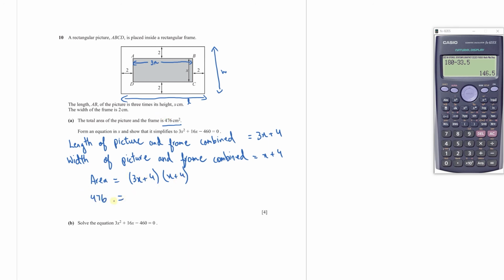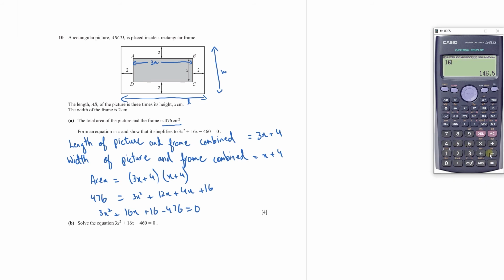So let's open these brackets. So this will be 3x squared plus 12x plus 4x plus 16. And then we can bring everything to one side. So let's bring this 476 to this side as well. So I will get 3x squared plus 12x plus 4x will be 16x plus 16 minus 476 equals 0.